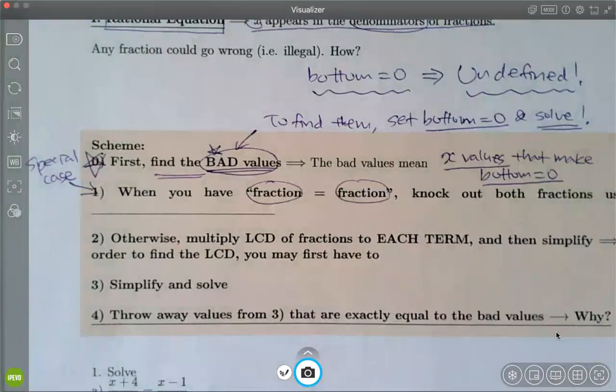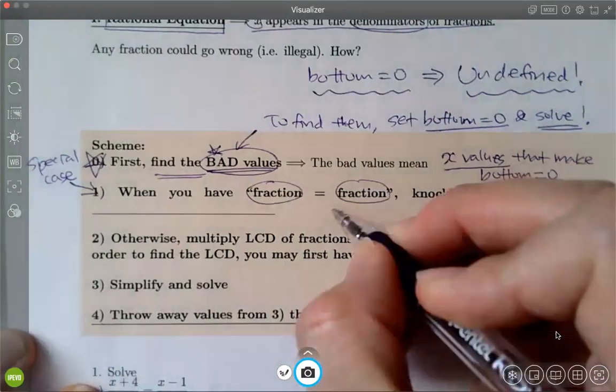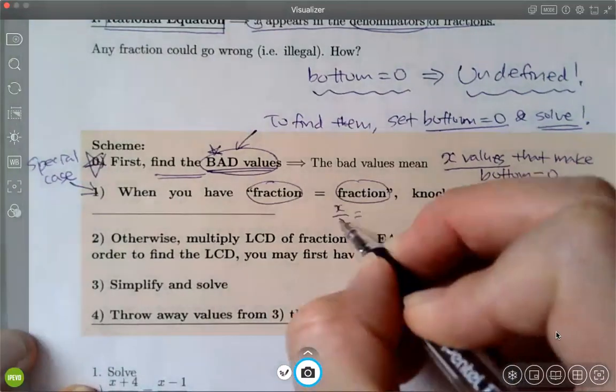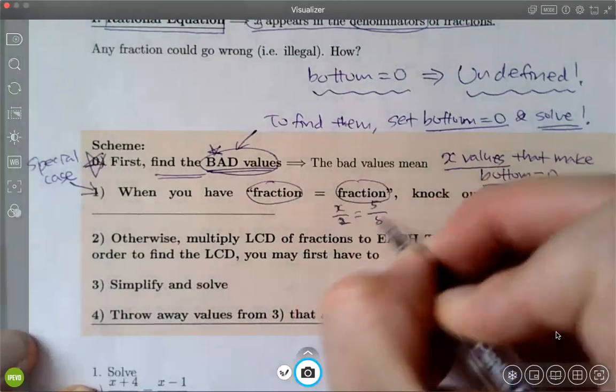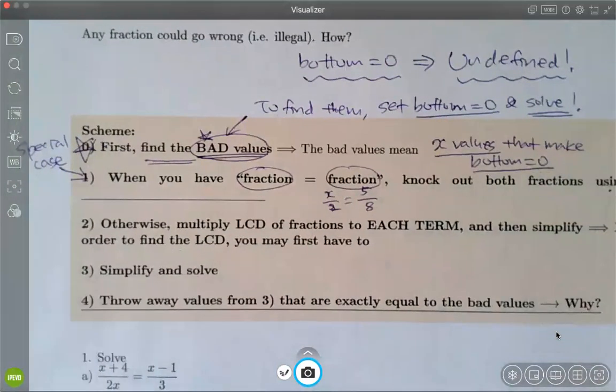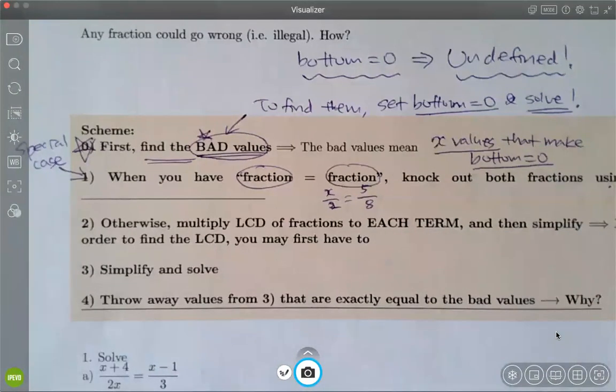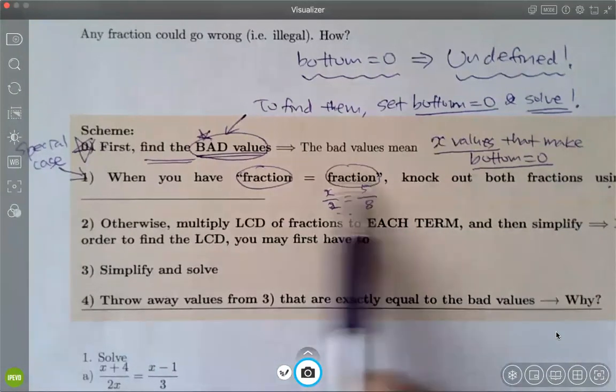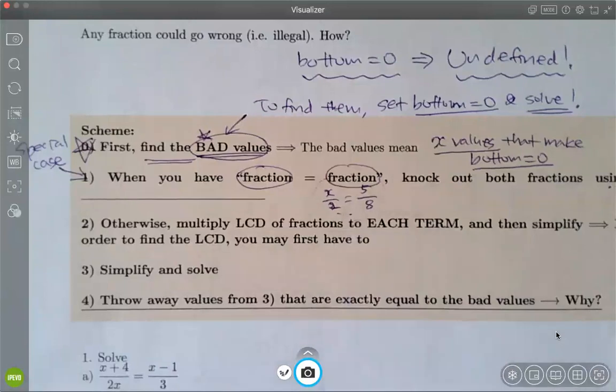So for example, we have something like this. Now, we can knock out both fractions by using something. Here there's no common denominator. You don't have to use that. When you have this kind of equation, what do you do to get rid of two fractions at the same time?